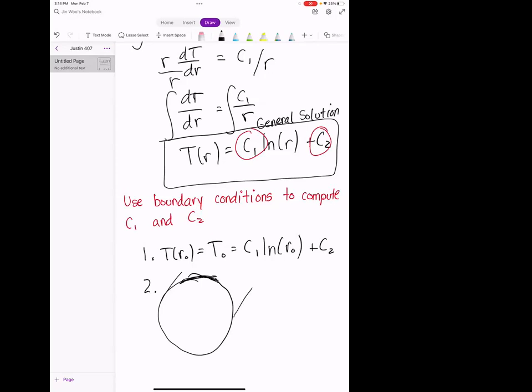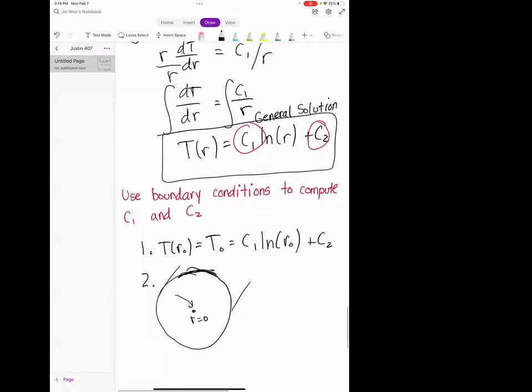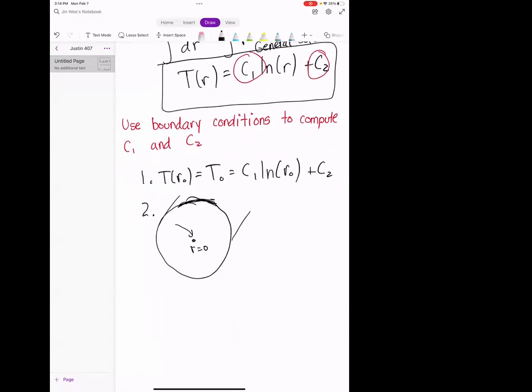Let's think about the middle of the cylinder, being r is equal to 0. For a solid cylinder like this, and this is going to be true for a solid sphere once we get there as well, r is equal to 0 is actually a valid part of our domain.